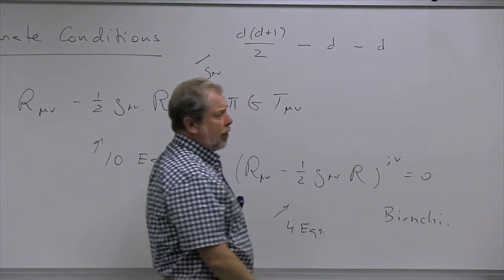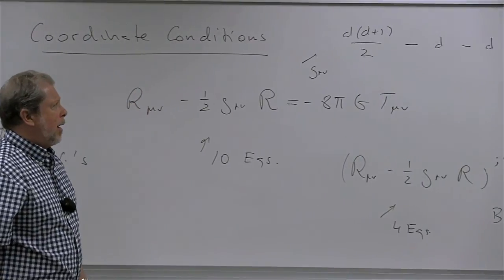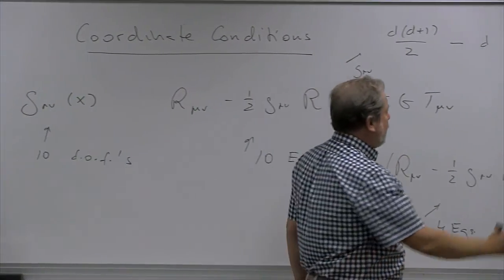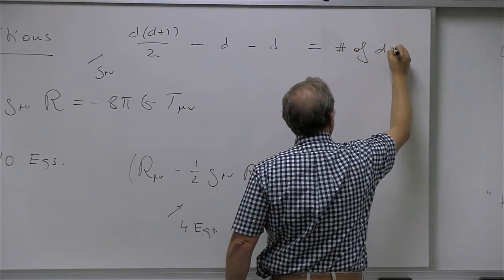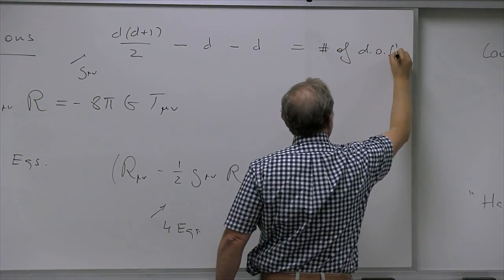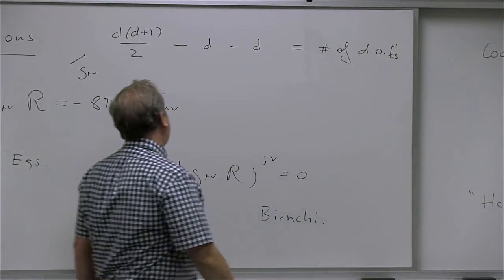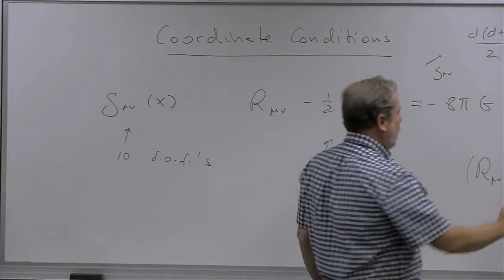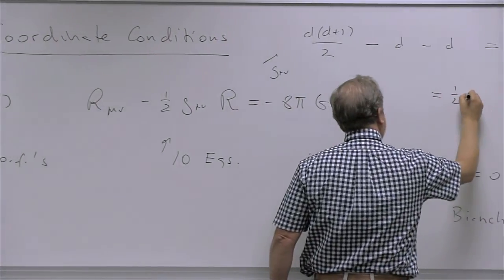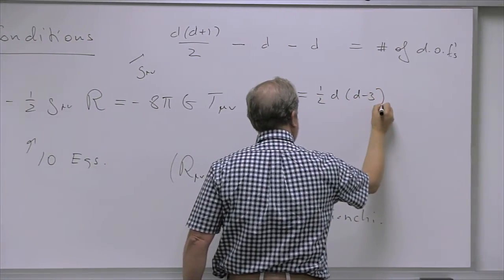It's easy to see, for example, again, in the weak field limit. And so you get that the number of degrees of freedom is equal to d times d plus 1 and then minus d twice. And so this is 1/2 times d minus 3.